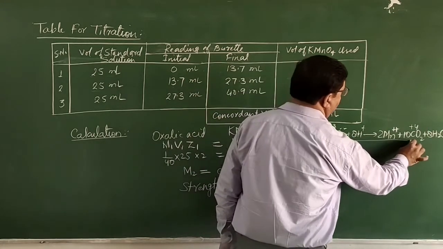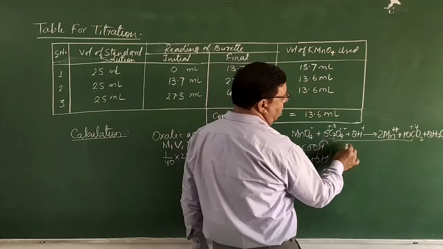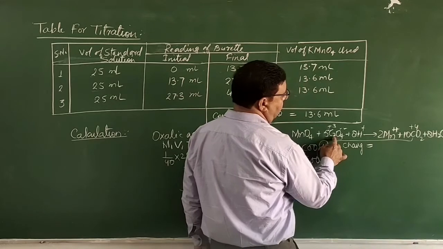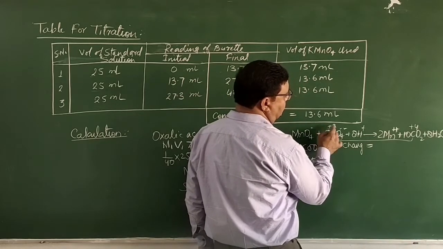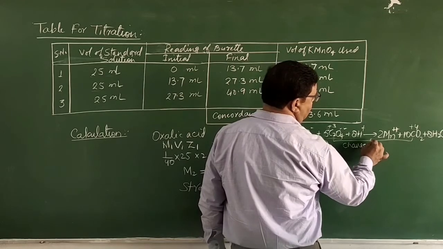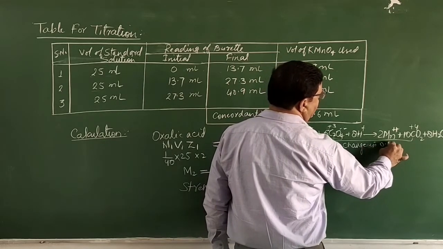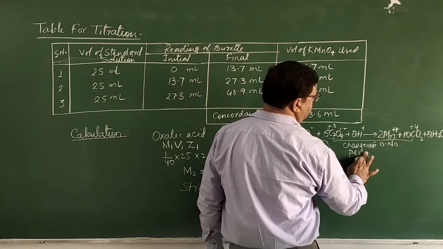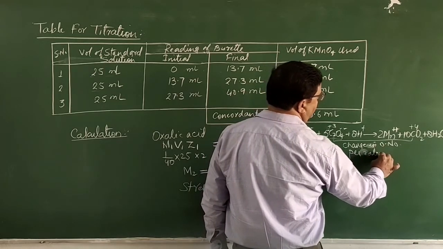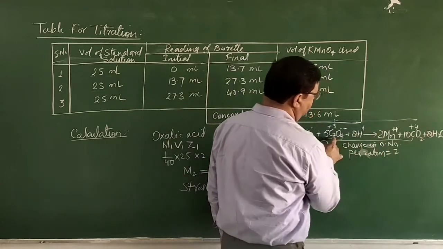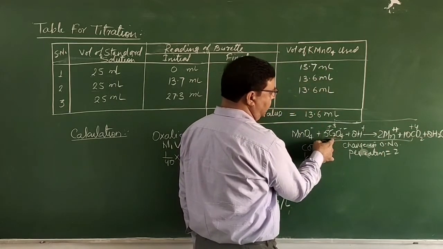So now the change in oxidation number per molecule. For one atom the change is 1, so for 2 atoms it is equal to 2. +3 to +4 for one atom, but here it is C2.